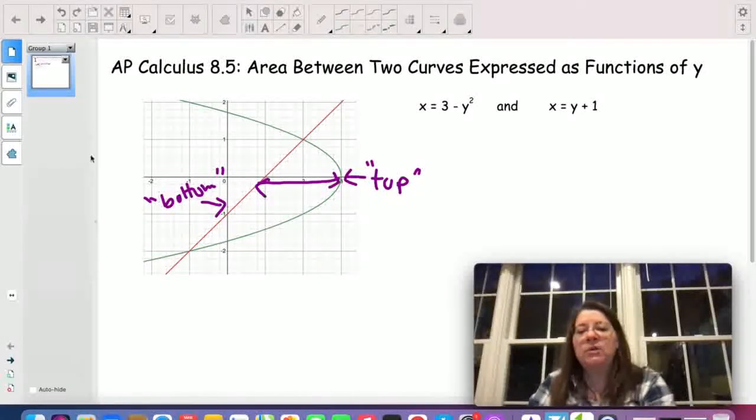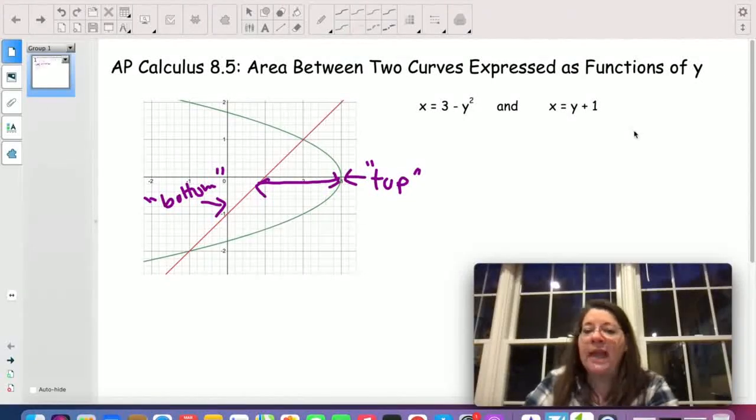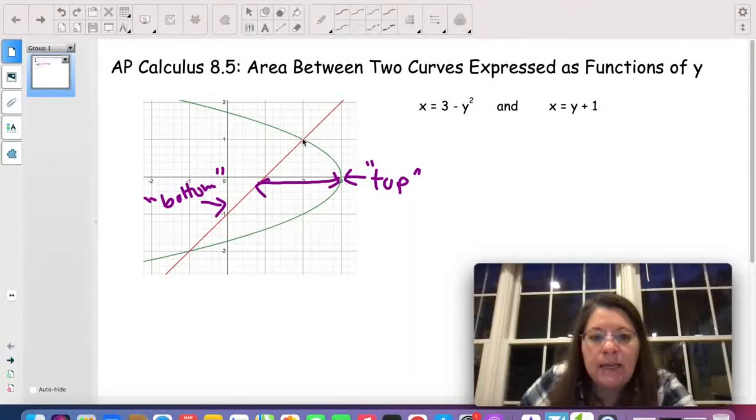So what we need to do is figure out what are the y values where these two things intersect. Remember, when we were expressing it in terms of x, we looked for the x values where those two things intersected. But if it's in terms of y, we're more concerned about where the y values are that these are intersecting. We need these ordered pairs, this one right here and this one right here.